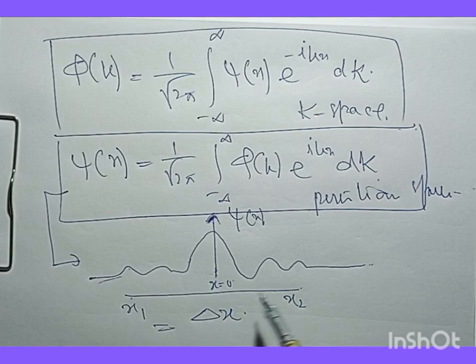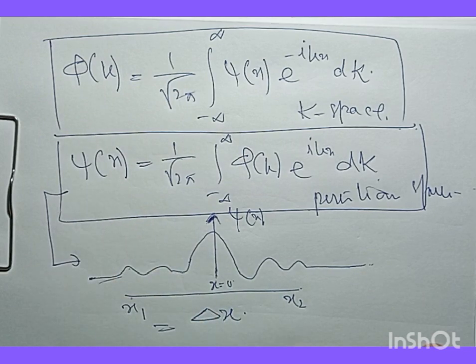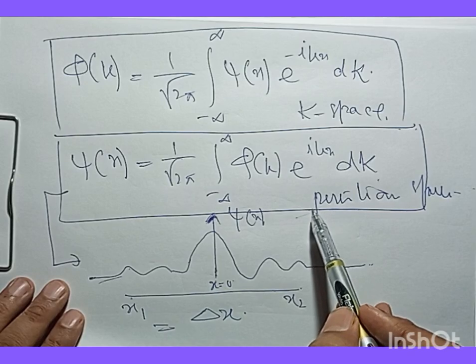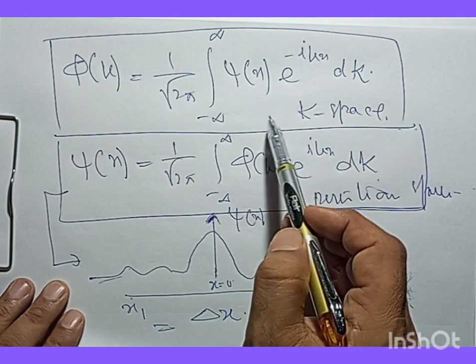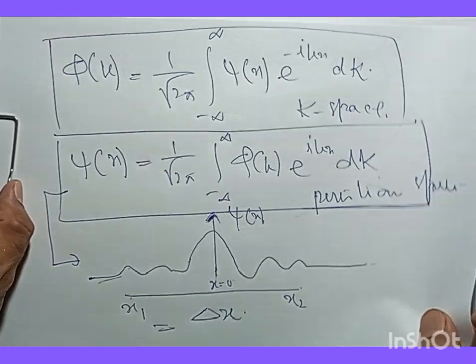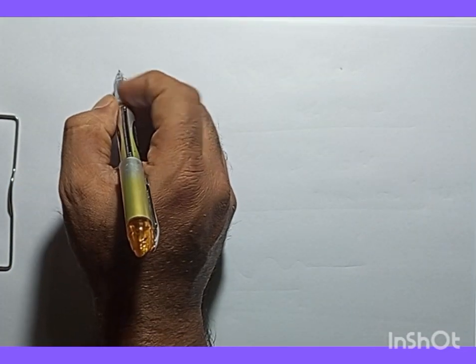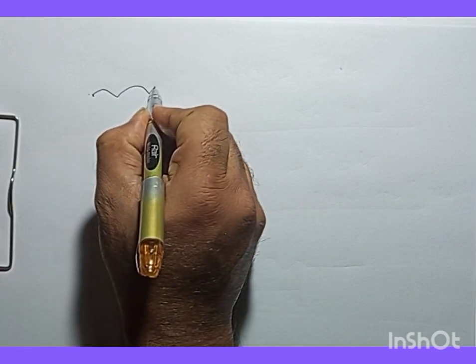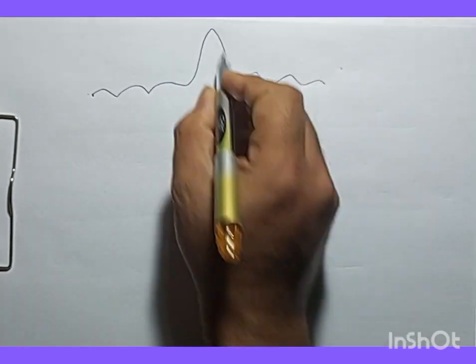Now, if I plot in a similar way for the k space, what will I obtain? This is my position space, this is my x space, and this is my k space. If I draw this k space, it will have the same kind of nature, and it will have a maximum.